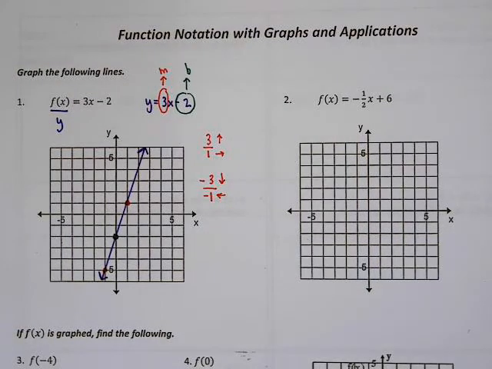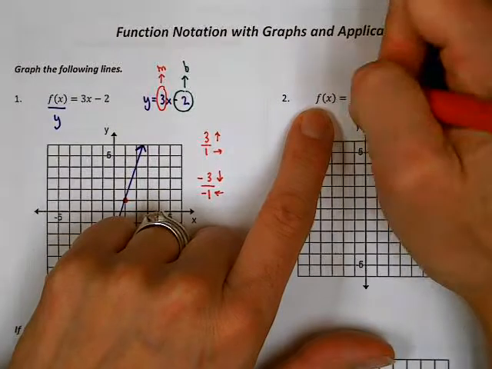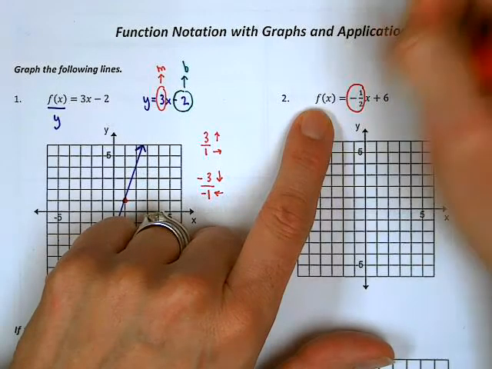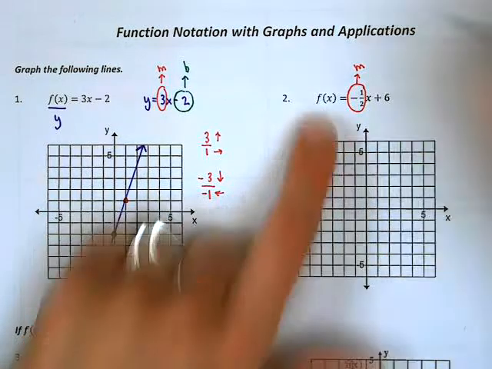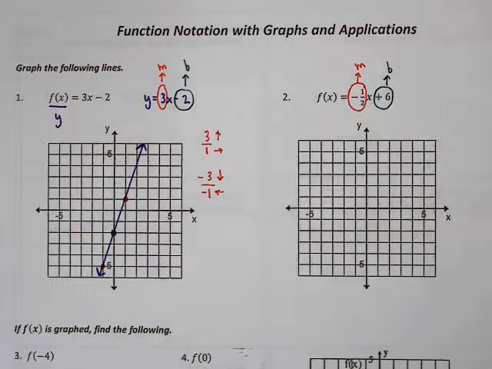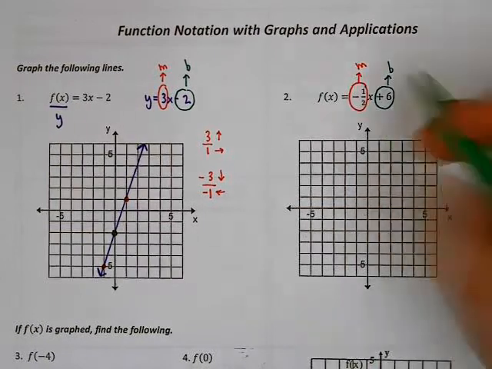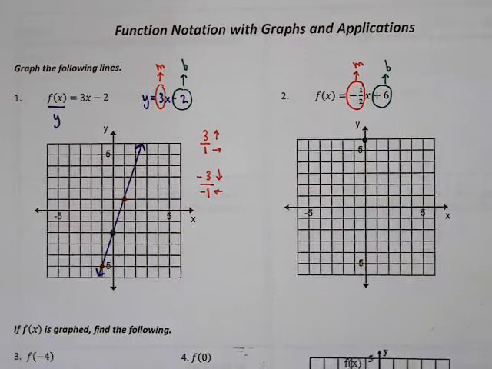So if I look at number 2, again, I know that f of x is just different notation for y. So when I look here, now I have a slope of negative 1/2, and I have a y-intercept of positive 6. So I begin with my b, which is a positive 6. My slope is a negative 1/2.